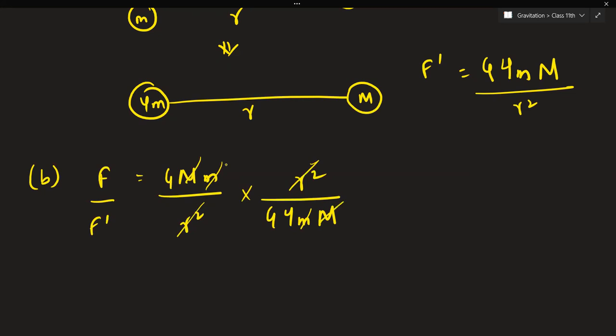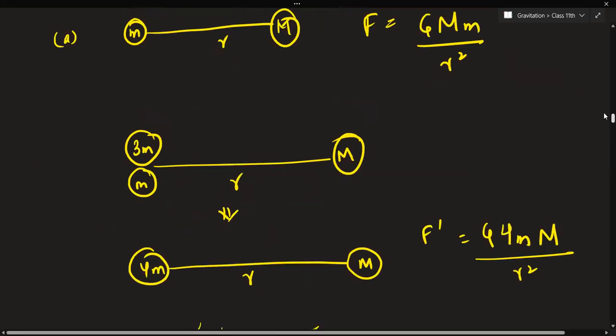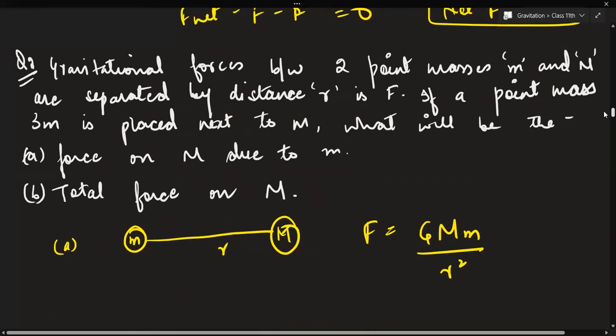Capital M got cancelled, capital G got cancelled. So F dash came out to be 4 times the earlier force. So direct comparison questions can also be asked to you, and questions in such a manner also can be asked. Note it down. If you have any doubts, let me know.